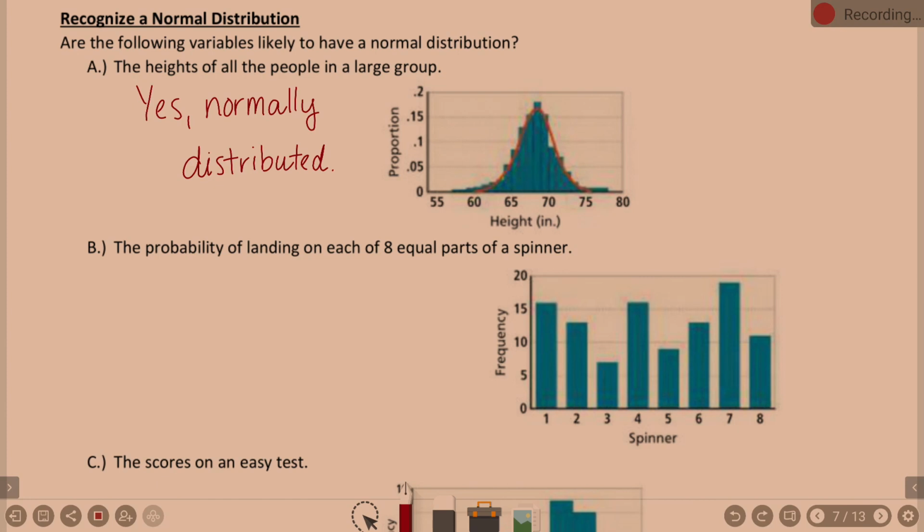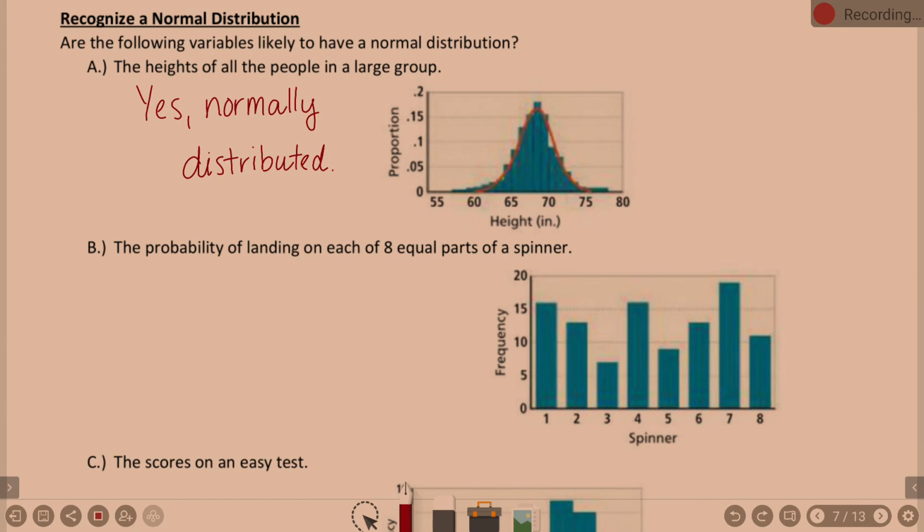If you spin a spinner and there are 8 equal parts, you have equal probability of landing on each of the 8 parts. Is that going to have that normal distribution, that symmetric curve? It could happen to, but is it expected? No. Officially, if it's exact probability, it's all level.